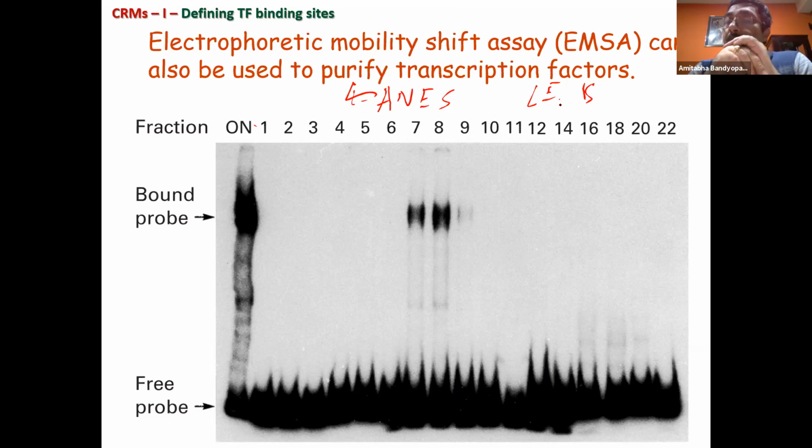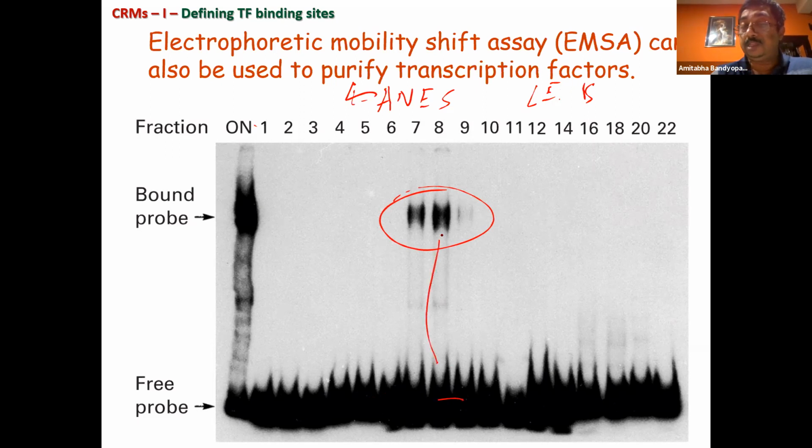When you run it on a gel, if there is any protein in that nuclear extract that can bind to your piece of DNA, then the DNA will migrate slower than it normally was migrating, because now its size has increased. So you will see that it is migrating slowly, and that's called electrophoretic mobility shift assay, because the normal mobility is this, and it has shifted.